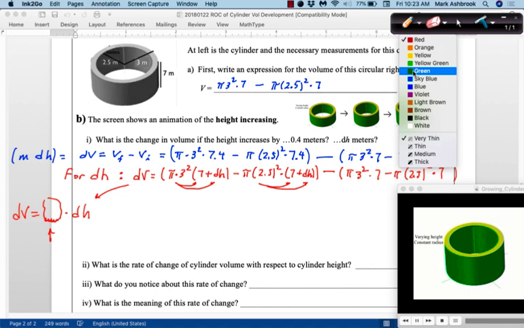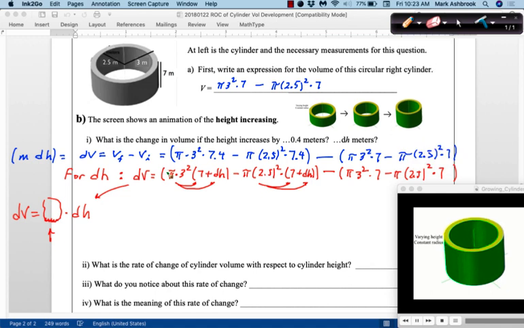When I do that first part of the distribution, pi times 3 squared times 7, what do you notice? See that anywhere else? Oh yeah, the second part. And notice here it's minus. So those two things that I put green boxes around go away.